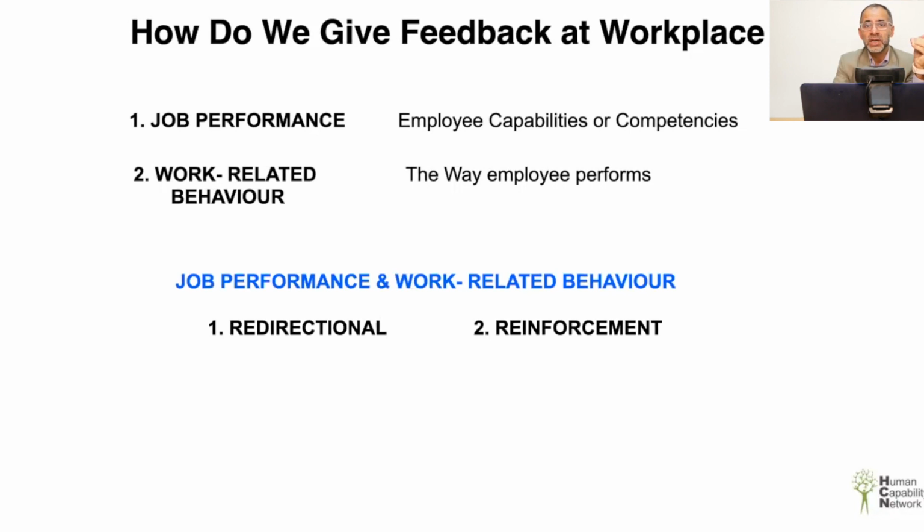In very simple terms, if somebody is doing things that are not leading to the achievement of goals, not fulfilling the objectives given to him or her, then one has to change the strategy and look at different ways of doing things. That is called redirectional feedback, and it is generally given by the superior, the manager, or anybody senior in that role.